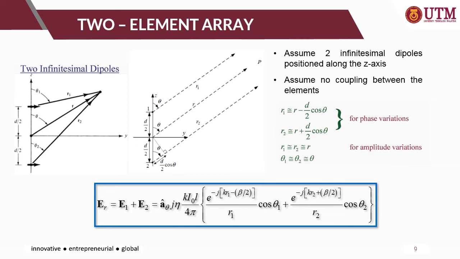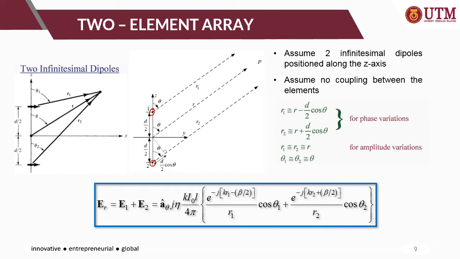Okay, let's use a two element array as an example. Assuming that we have two infinitesimal dipoles positioned along the z-axis, we have here 1 and 2 separated by distance d, and we are assuming that there is no coupling between the elements.